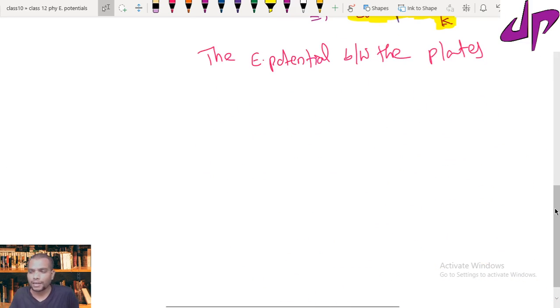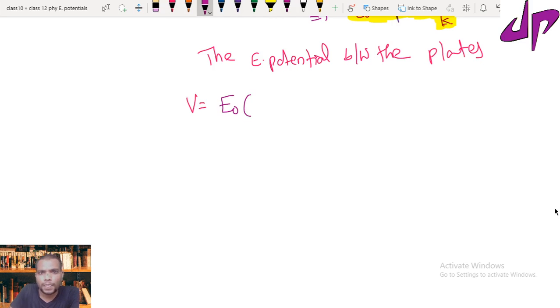Now the total potential V equal to E naught, the electric field outside, times D minus T.